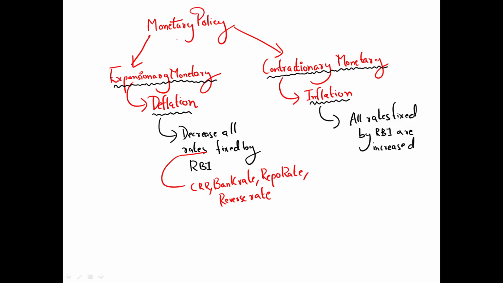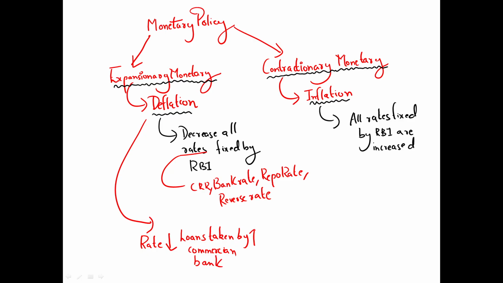Why does RBI decrease these rates? I'm talking about the case of deflation. When the rates are decreased by RBI, the loans taken by commercial banks increase because the rate is very cheap.